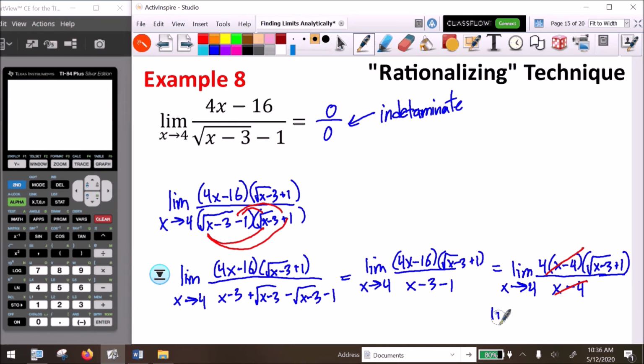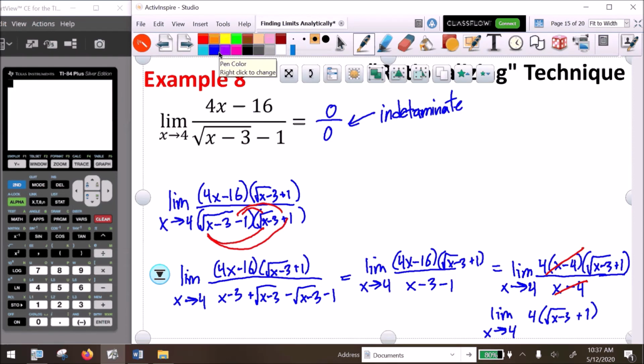So the limit of this function, 4 multiplied by the quantity square root of x minus 3 plus 1, as x approaches 4, we can solve by using direct substitution.